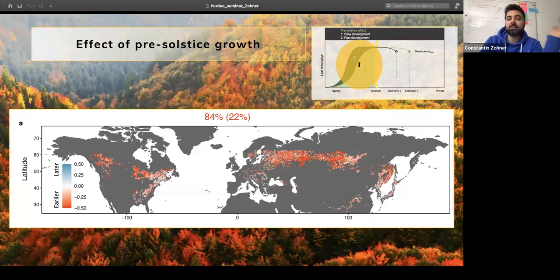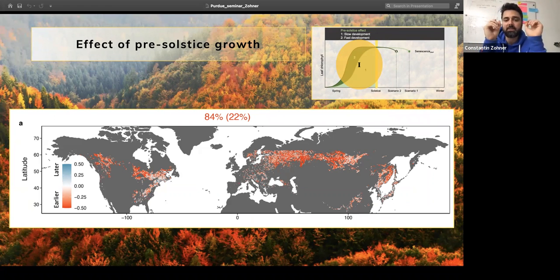Now the next question was, does this hold for only these few European forests, or is this true for the entire Northern Hemisphere forest region? These red pixels indicate regions in which we see this negative correlation between pre-solstice growth and senescence.